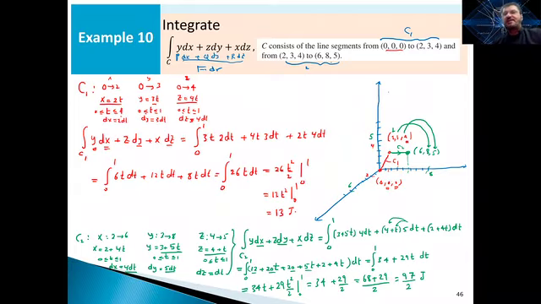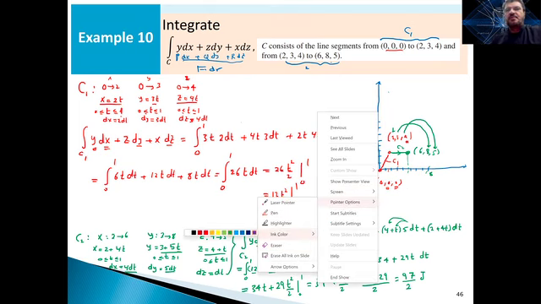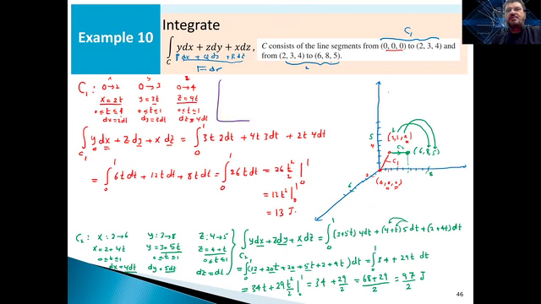So now what's the work done, guys? So now we can use the final answer. Let's change it to this purple. I'm going to put the answer here all together. So we can say that the integration along the whole curve C of y dx plus z dy plus x dz is equal to the integration along C1, right? Plus the integration along C2.